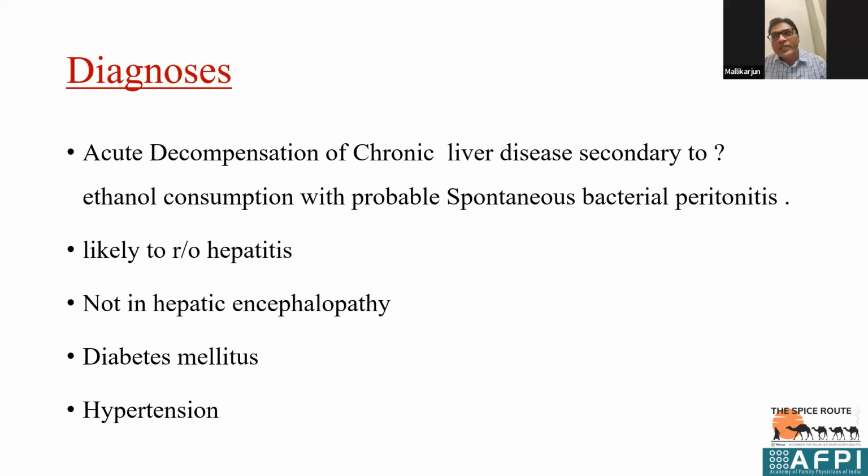Is that a new guideline for every patient? No, not for every patient. There is a recommendation for patients who have SBP with very low protein in the ascites, and second, bilirubin more than 3 or creatinine more than 1.5, and those types of developing ascites, you give prophylaxis, norfloxacin or rifaximin.